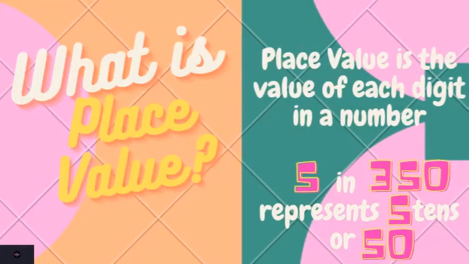What is place value? Place value is the value of each digit in a number. For example, 5 in 350 represents 5 tens or 50.